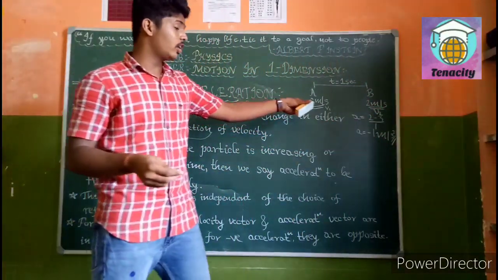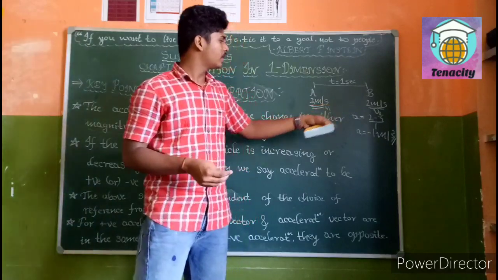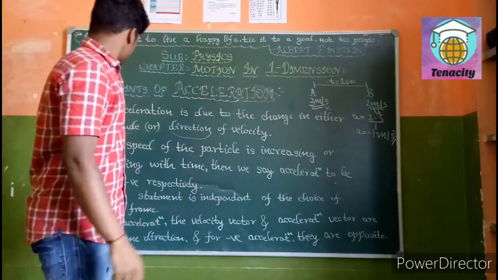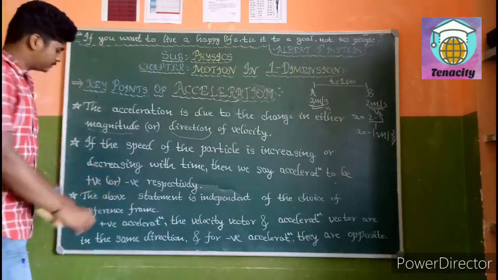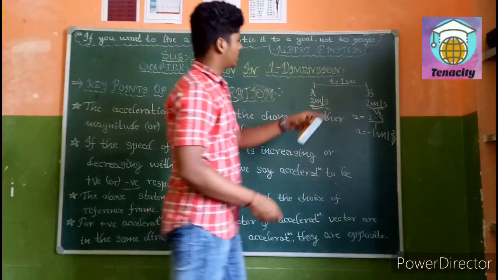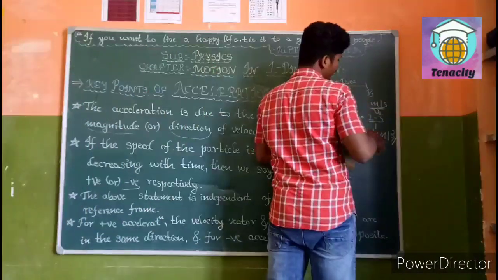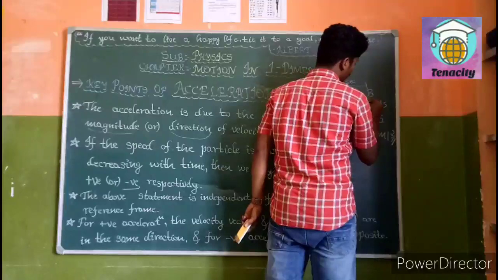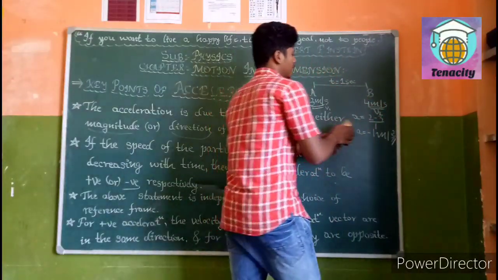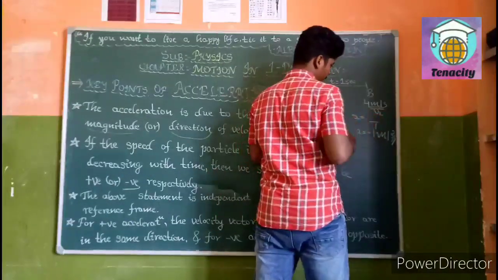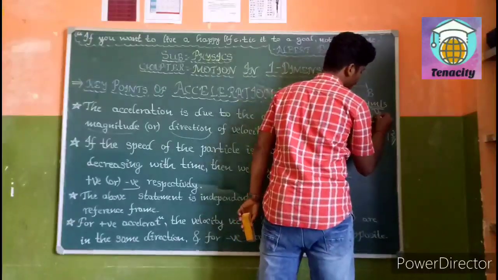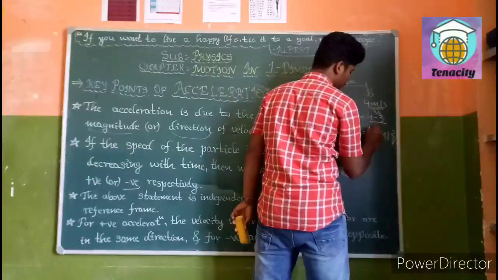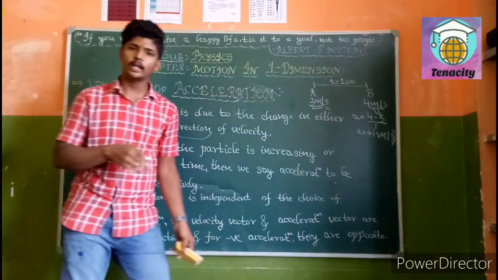So as the velocity is getting decreased, the acceleration is negative. If you consider the final velocity to be 4 meter per second, then the scenario will change. So 4 minus 3 by 1 is plus 1 meter per second square.